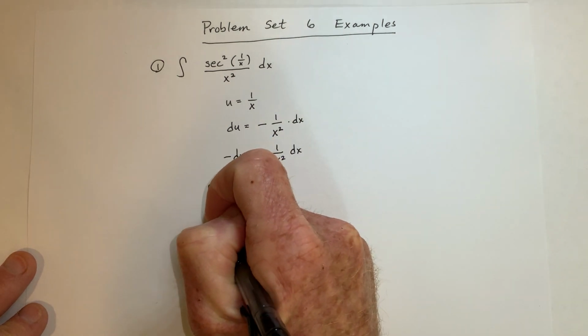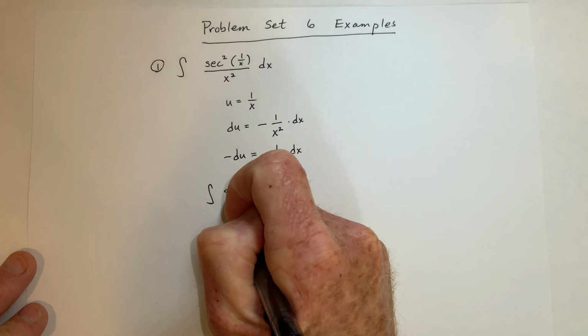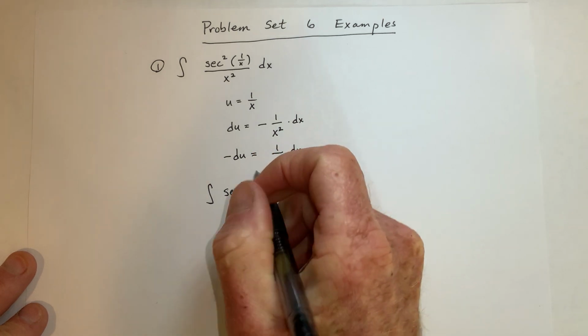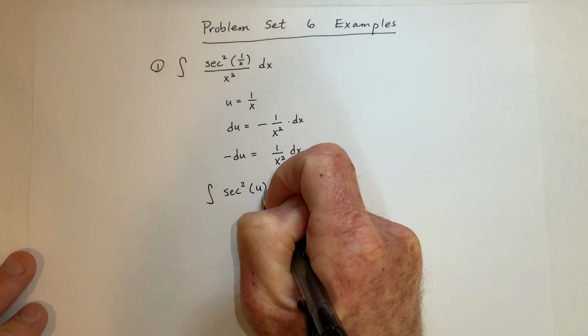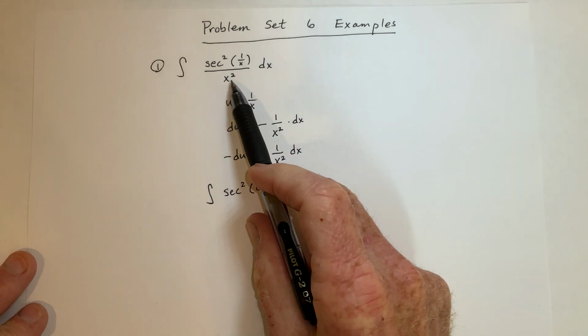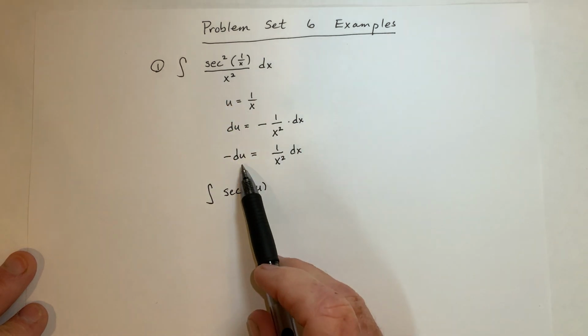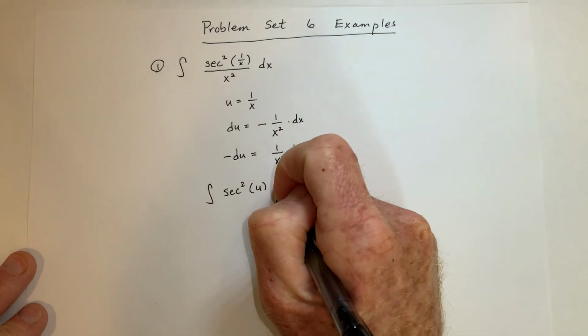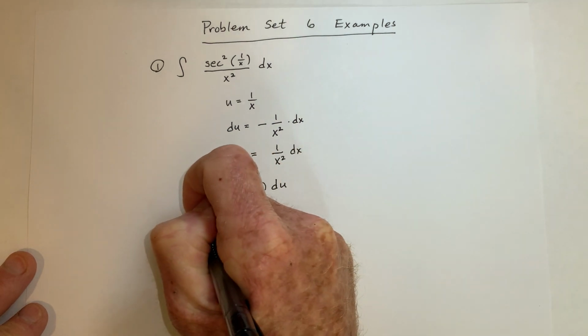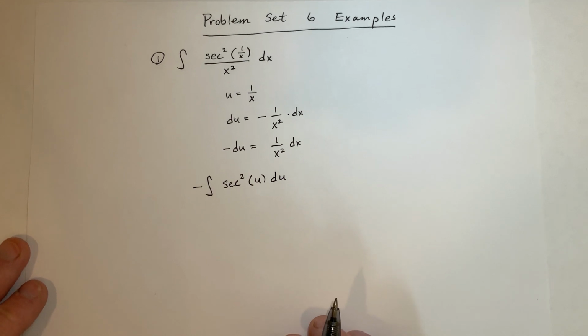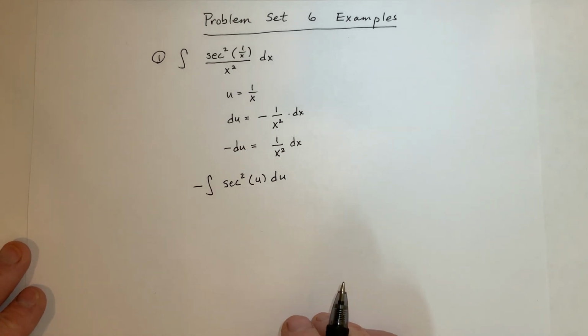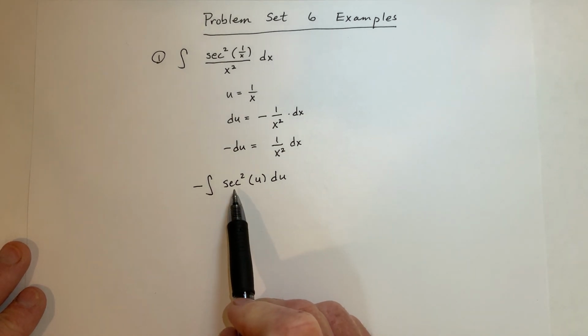So this would become secant squared, and then inside the parentheses, that's just going to be u. And then this x squared and dx gets replaced with negative du. And for the negative, I'll just put it on the outside, factor out a negative 1. So that definitely simplified the problem.